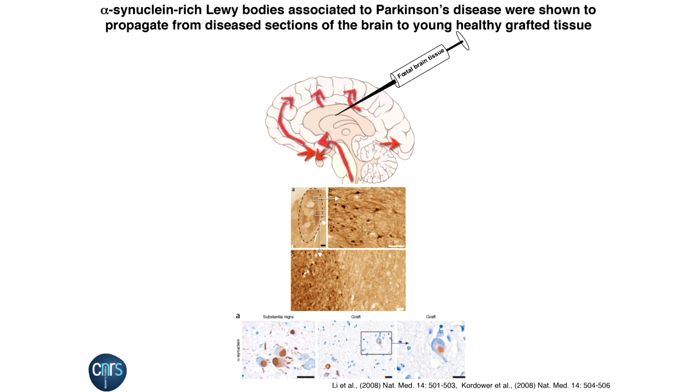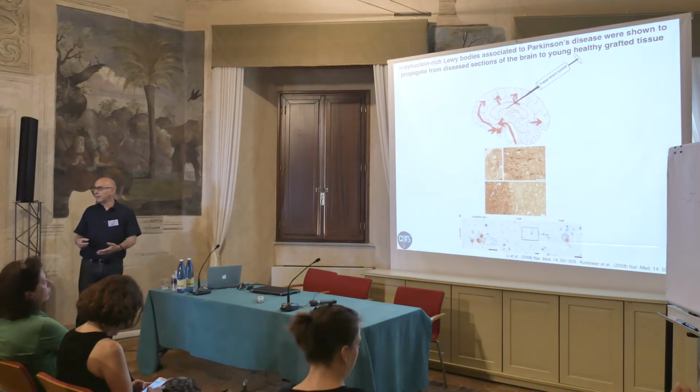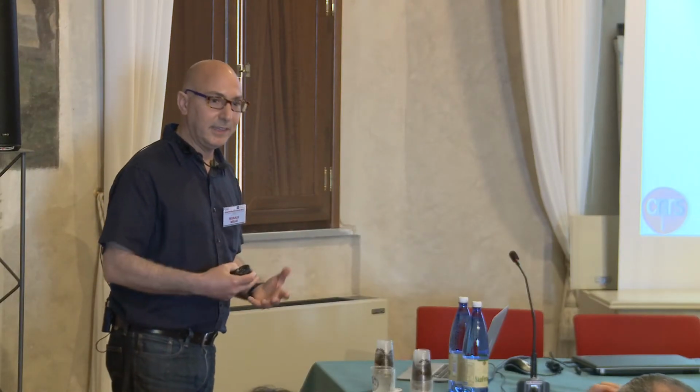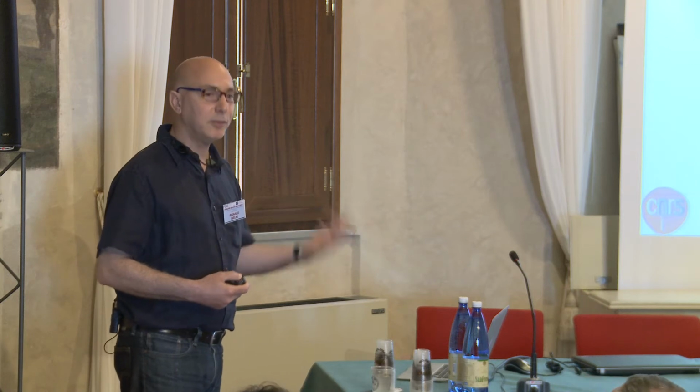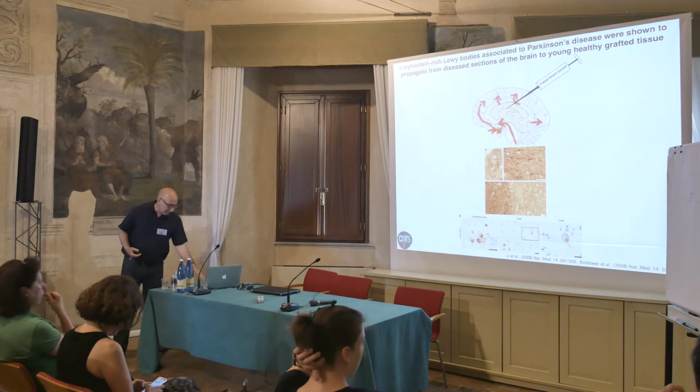And what they found is that Lewy bodies invaded the graft. So basically, what was in the old brain was invading the piece of the brain that was only 15 years old. So this really struck me.